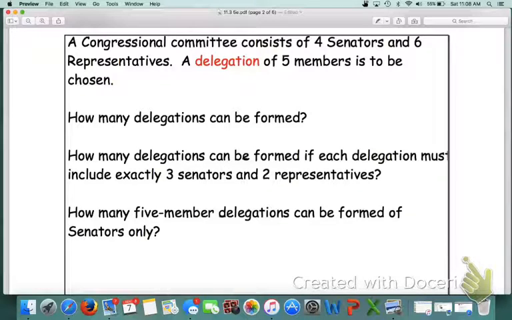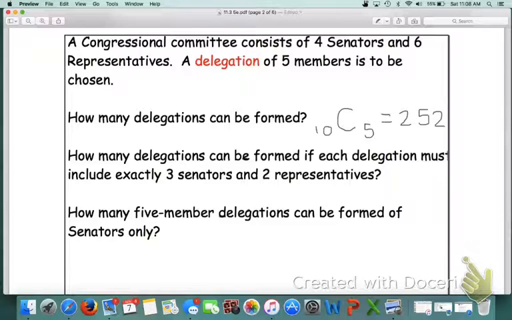If we have 4 senators and 6 representatives, that means that we have a total of 10 that we're choosing from. And of those 10, we're trying to come up with a delegation of 5 members. So 10 choose 5 would give us 252.